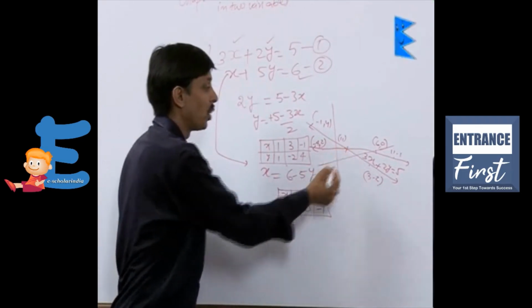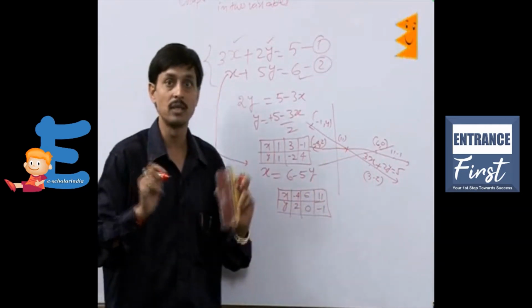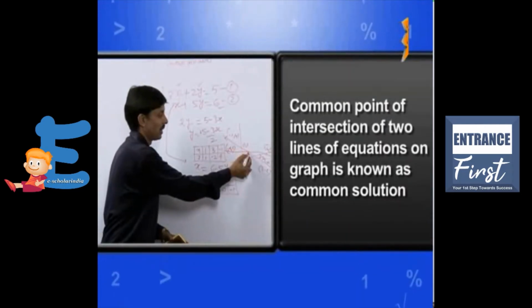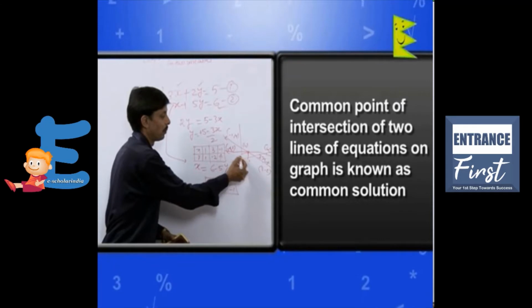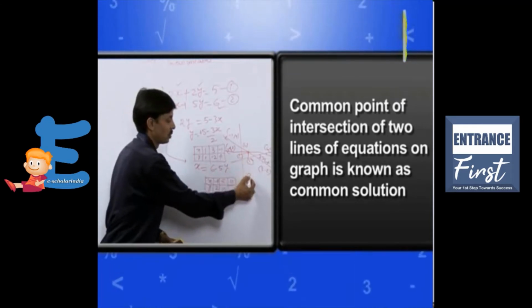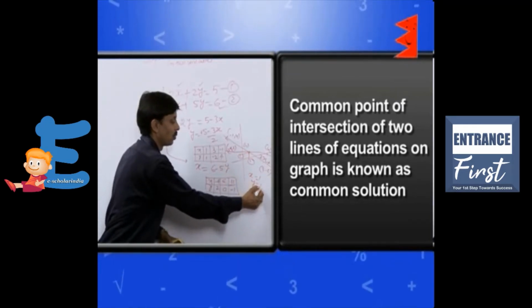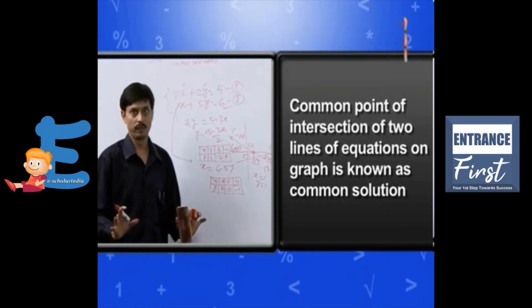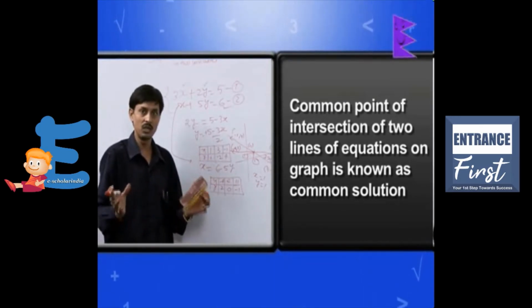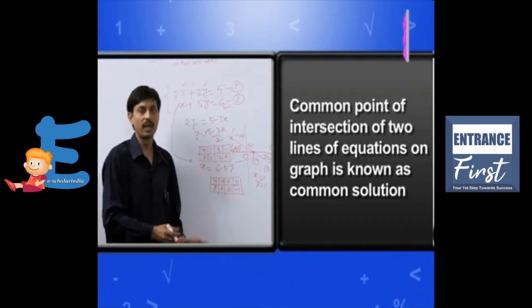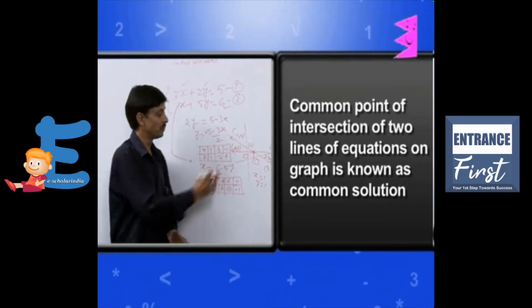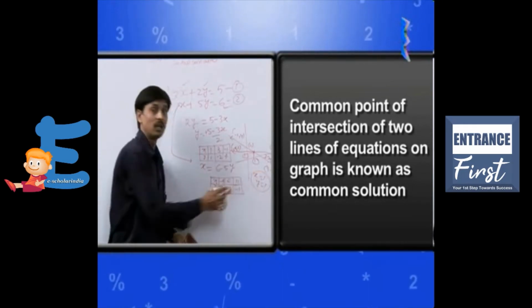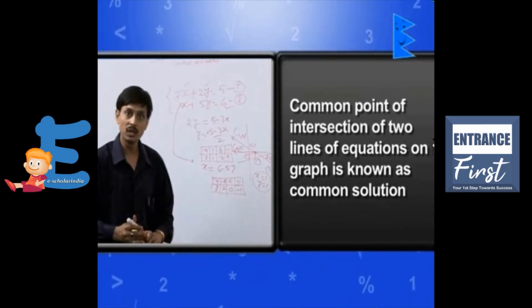The common point of intersection is known as the common solution, and the graph lines are intersecting at the point 1 comma 1. So we can solve the question graphically also. The answer is coming: point of intersection, unique solution, intersecting lines, consistent with unique solution. So the common solution is 1 comma 1. This is another method of solving.